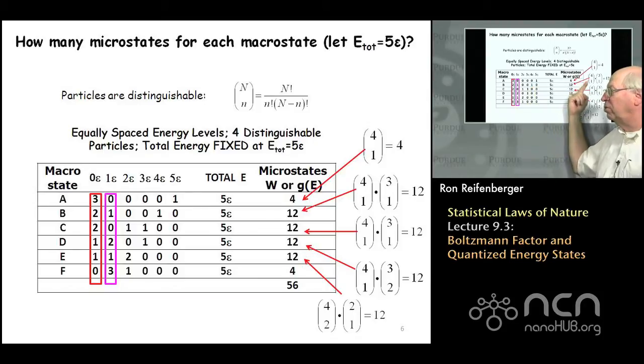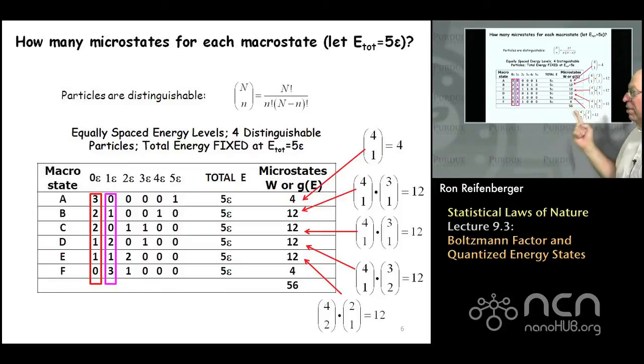So that's 4 choose 1. And then of the remaining 3 particles left, I have to choose one of those to put into the first energy level. So the degeneracy, or the multiplicity of state B, is 4 choose 1 times 3 choose 1, and that turns out to be equal to 12. So that's how I get the multiplicity of 12 for state B.